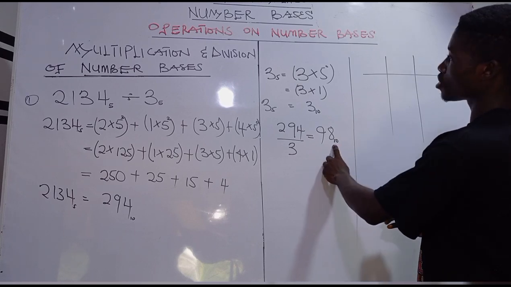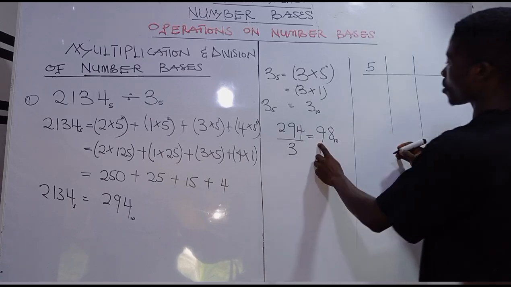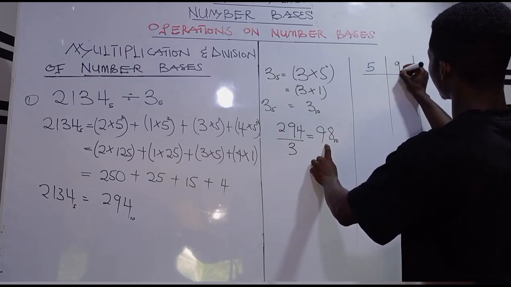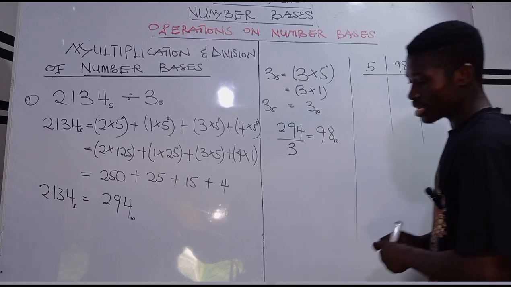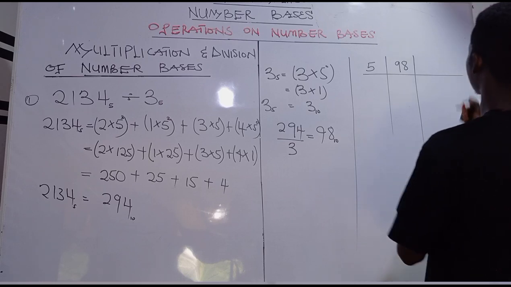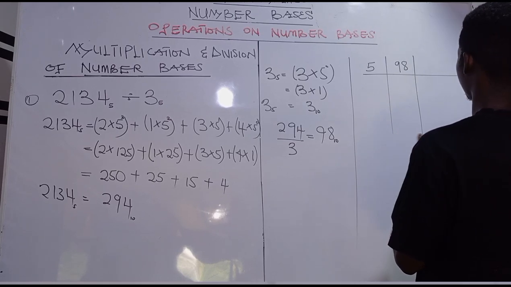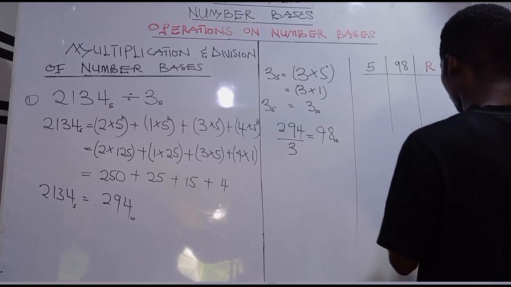The first column is going to represent the base, which is 5. The second column is the decimal number, which is 98. And then the last column is the remainder, right? Good.